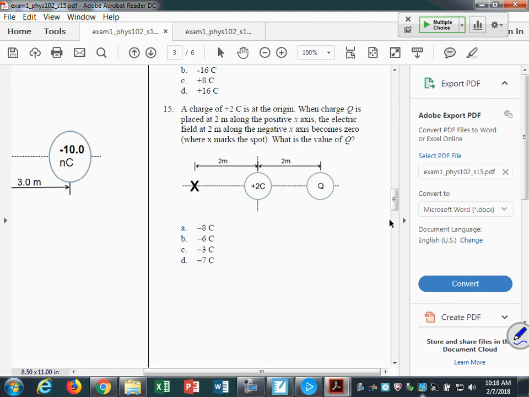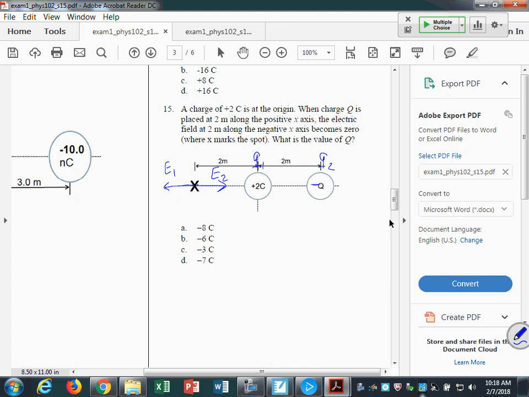Well, first, is that charge negative or positive? It has to be negative, right? They're all negative because my electric field, I'll call this Q1 and this Q2. E1 is going to be in this direction, and so E2 has to be in this direction, which means that this has to be negative. But all the options are negative.